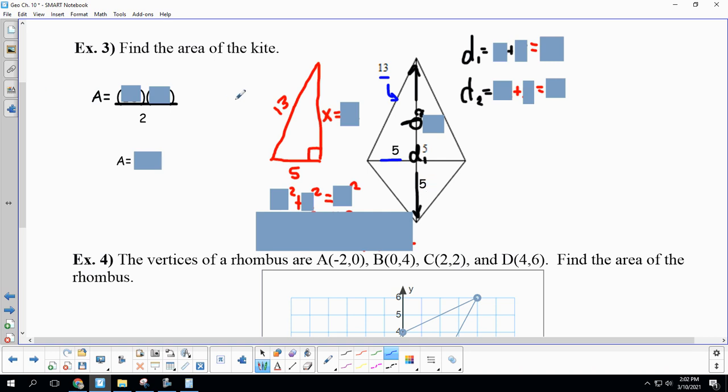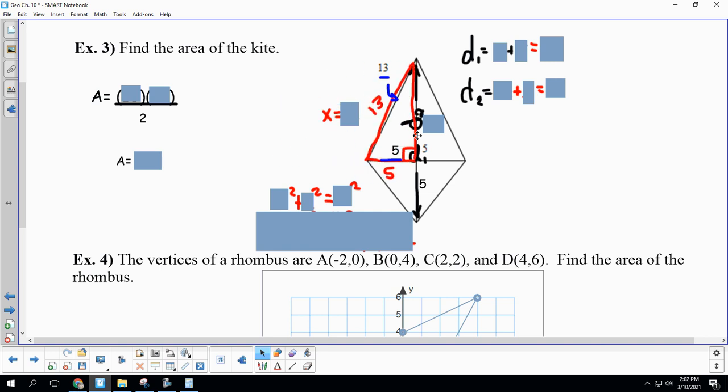So we need to first figure out the diagonals. I don't have this piece from where the 5 ends to the tippy top of our shape. So if we take this triangle and bump it out, where 5 is the side right here, x is this side right here, and 13 is the hypotenuse, we get 5 squared plus x squared equals 13 squared.